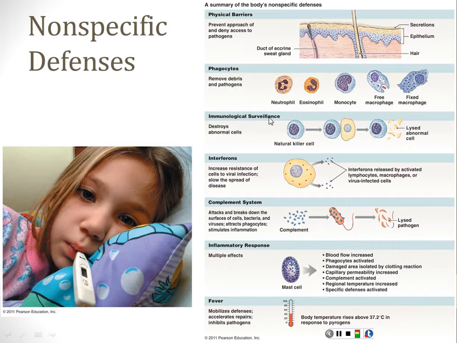We talked about immunologic surveillance, the natural killer cells, how they're on the lookout for mutant cells or virus-infected cells. Those are the two populations that they look for most, okay? And they're a form of T cell, the natural killer cell is. Interferons protect other cells from virus infection. The complement system pokes holes in bacteria once it's activated.